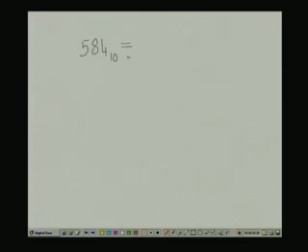Here the radix is 2, so we have to divide by 2.